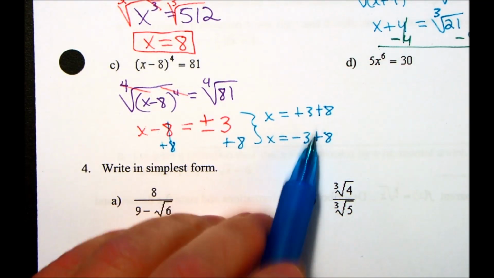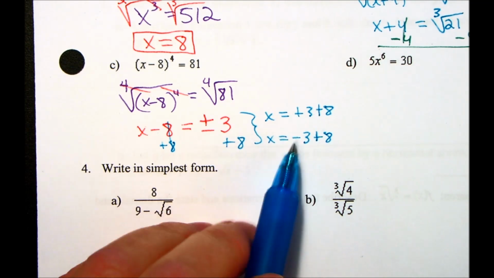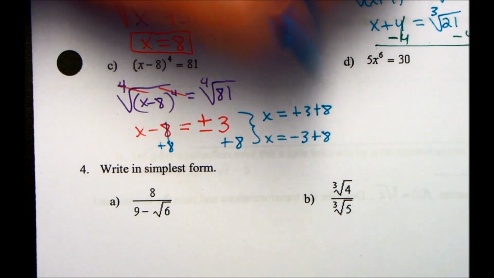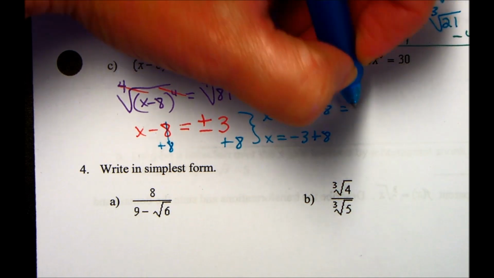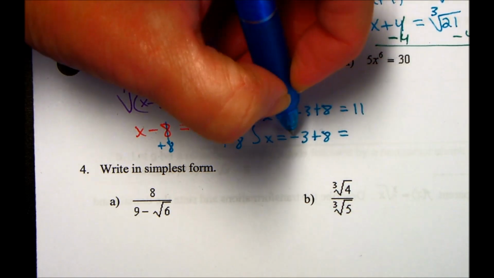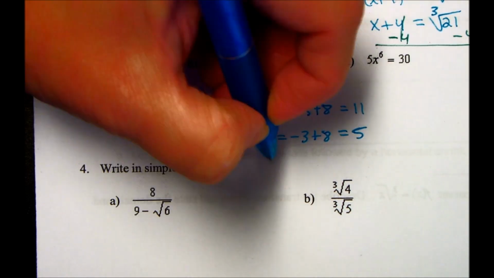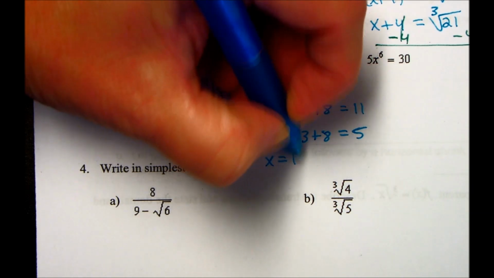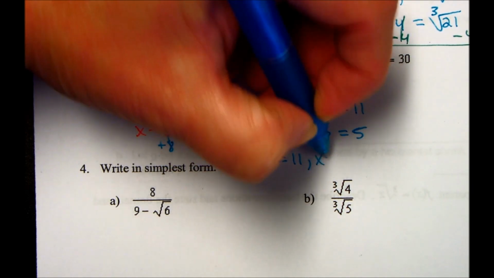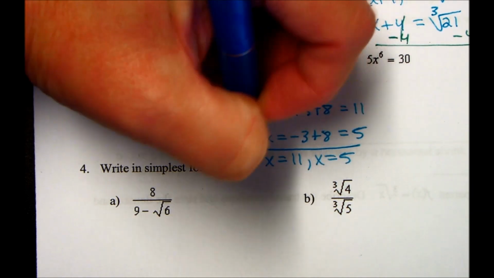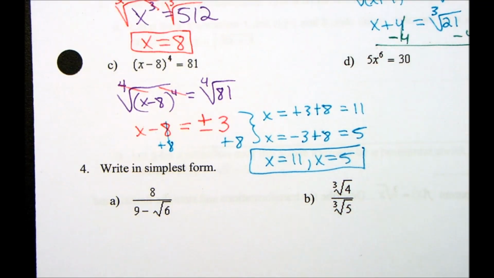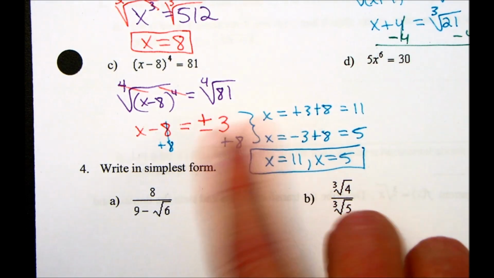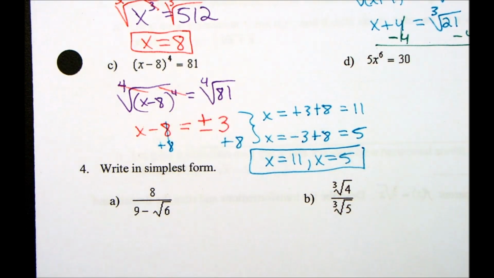So we're adding 8 to both the positive 3 and the negative 3. When you simplify the first one, you get 11, and then negative 3 plus 8 is 5. So x is going to equal 11, and x is also going to equal 5. So you're going to have 2 solutions there. All right, so hopefully you'll remember to do the plus or minus when you're taking an even root.